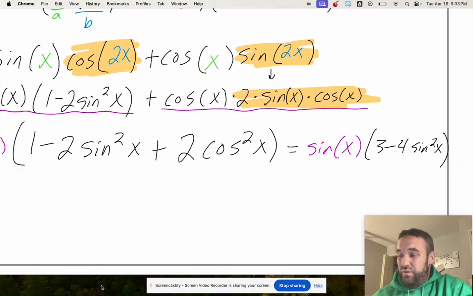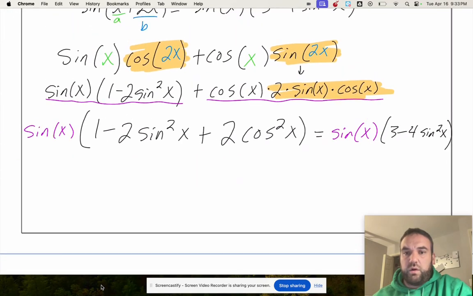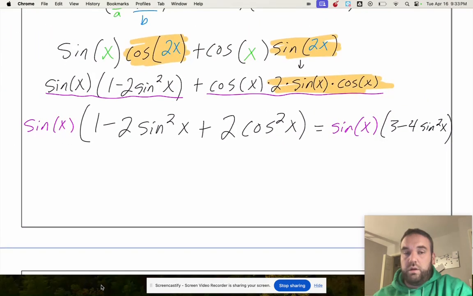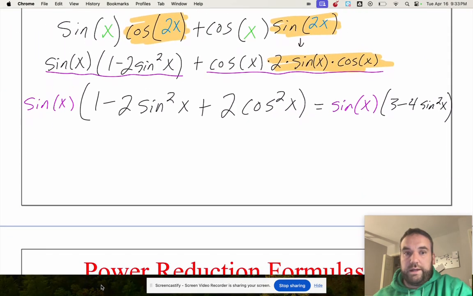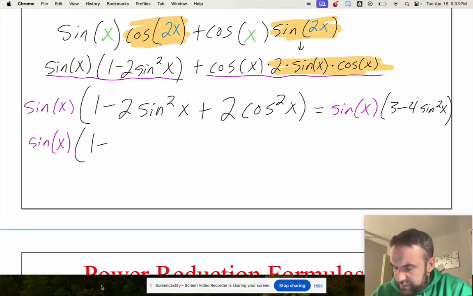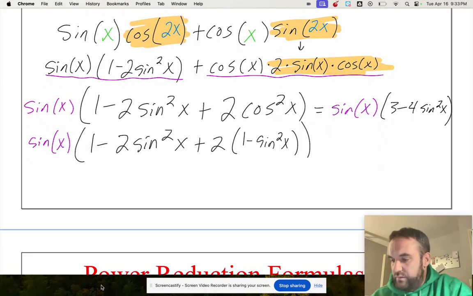You'll notice that there's no cosine squared over here. I don't have a cosine squared in there. So I'm going to go ahead and exchange or sub out that cosine squared on the left side of the equation. I know that cosine squared of x is equal to 1 minus sine squared of x.